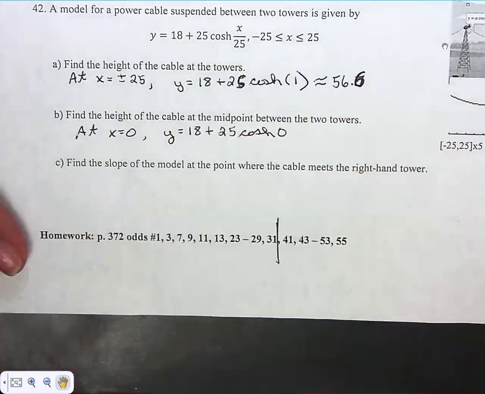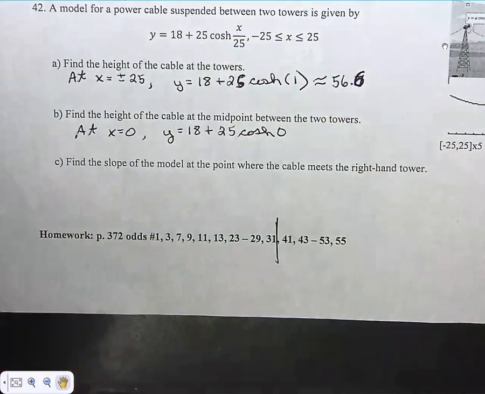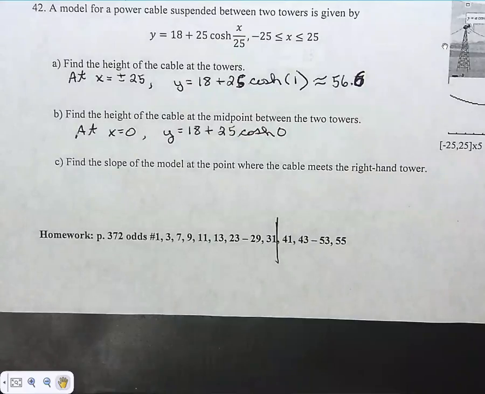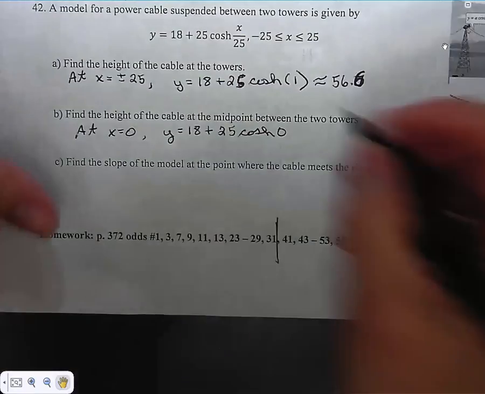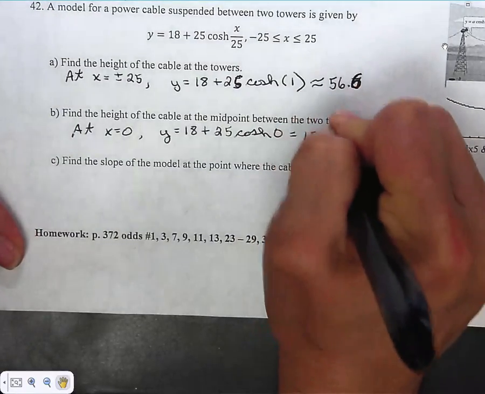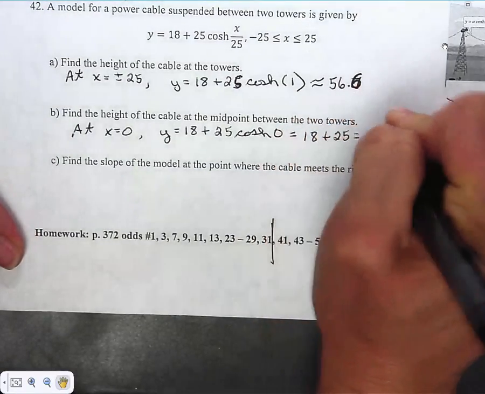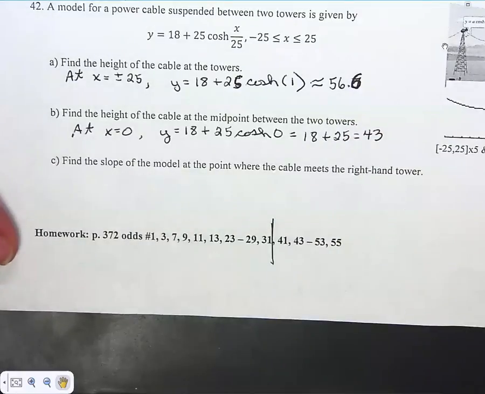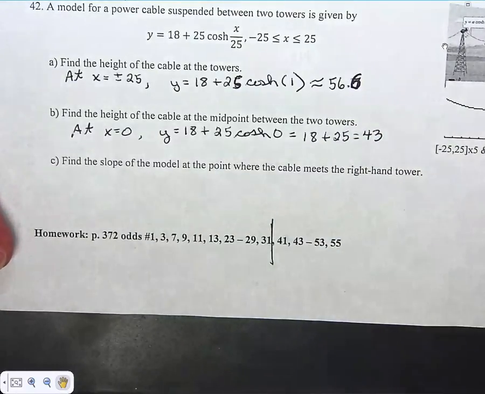And do we know cosh 0? Yeah, we put 0 in place of both of those x's right there. We're going to get 2 over 2 is 1. So this is just 18 plus 25 is 43 somethings. We don't know what.